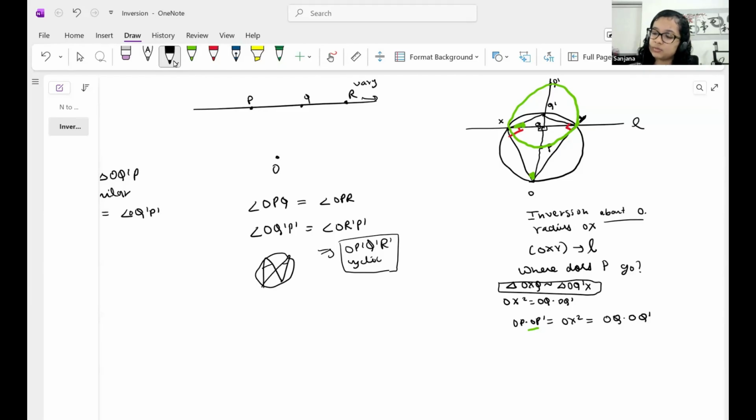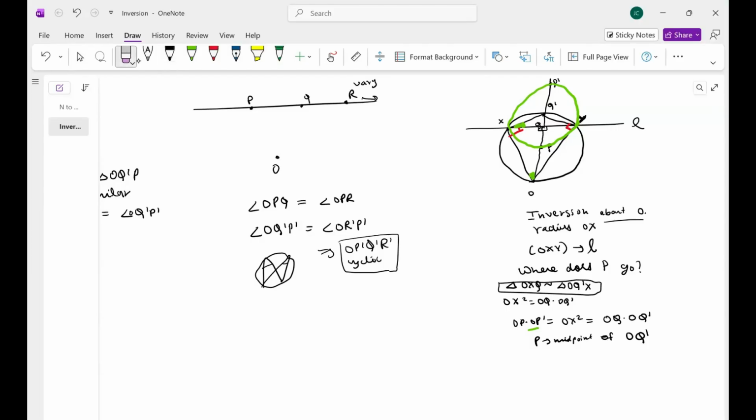Okay, so what do we know about these lengths? Can we try using that P is the midpoint of OQ dash, because P is the center and OQ dash is the diameter? Yes, exactly. So I'll erase this for now.